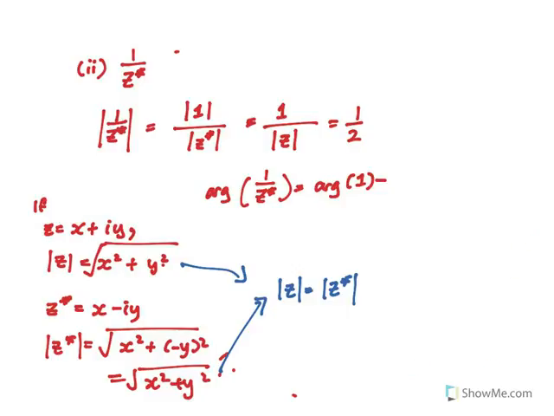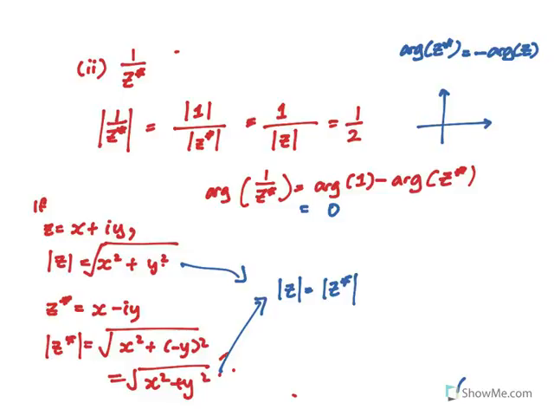Also remember that in our lecture we studied that the argument of Z asterisk is just the negative of the argument of Z. If you don't know this, do go and read up on the lecture questions or the recorded lecture. The argument of 1 is just 0 because it is on the positive real axis. On the Argand diagram, the point is just 1, 0, so you can see that the argument is 0.